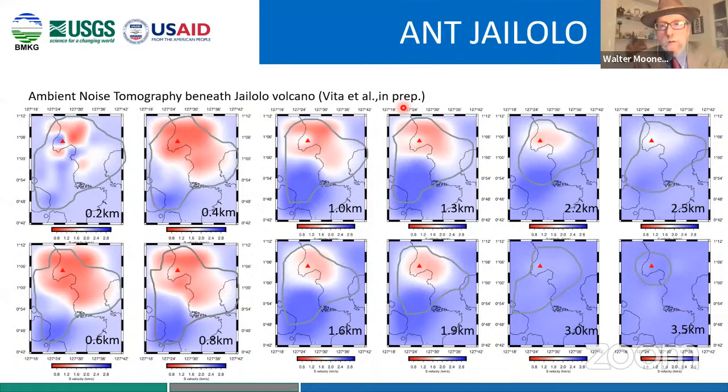And what is a good station spacing for these kinds of studies, local basin studies? How far apart should the stations be located? Yes, ambient noise actually cannot give us good resolution if the stations are too close.